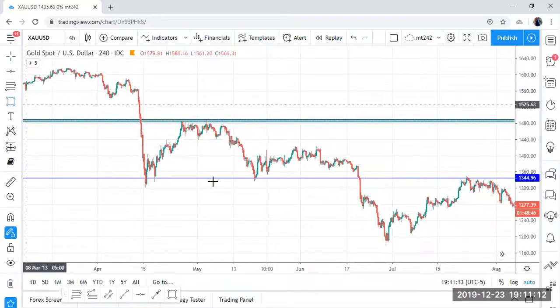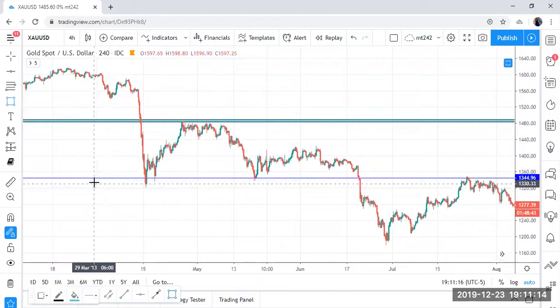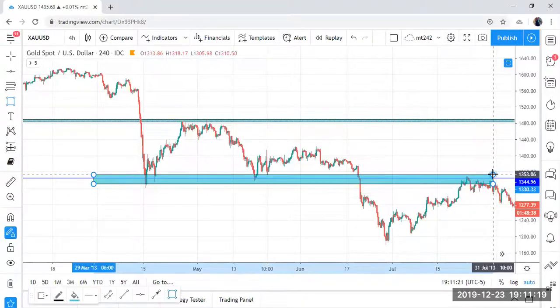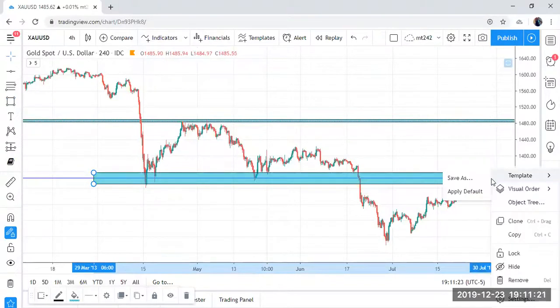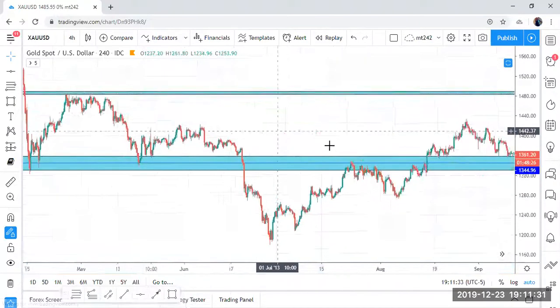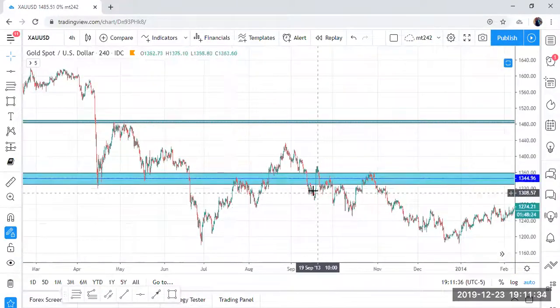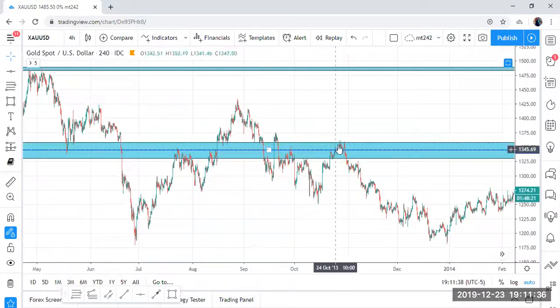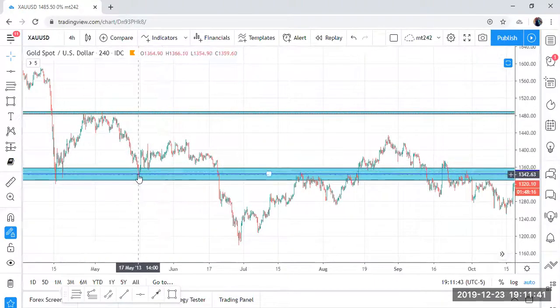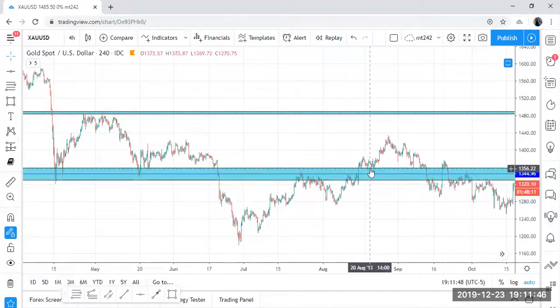So if we use this area here and we extend it, we should see support along this level. Support here, resistance here, based off of what price was doing in this area. Previous support, still showing you support here.